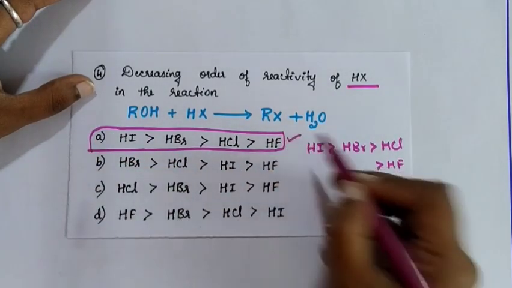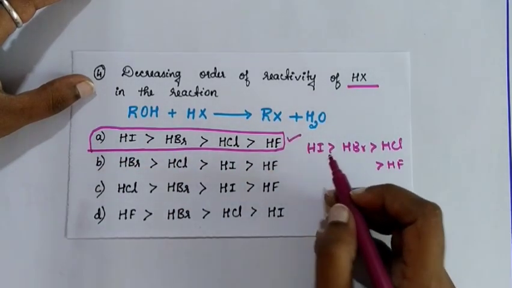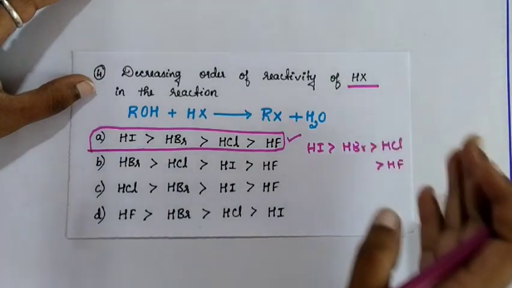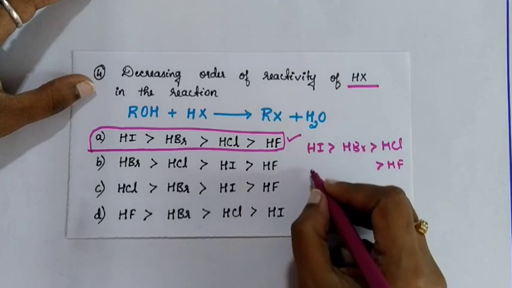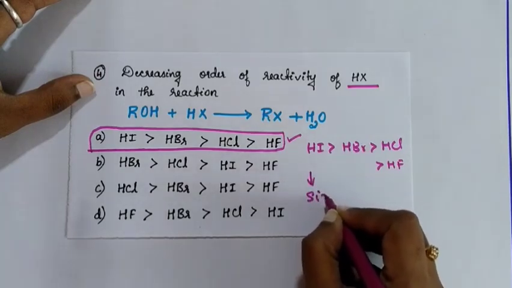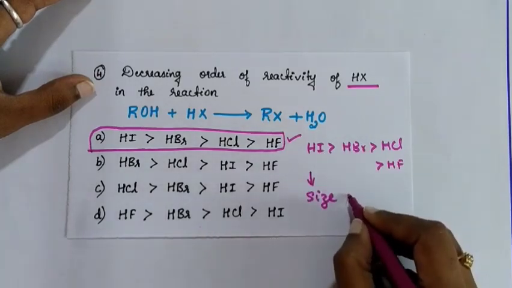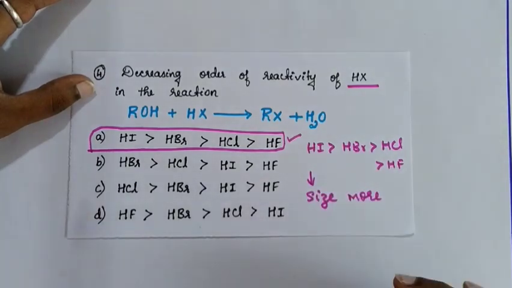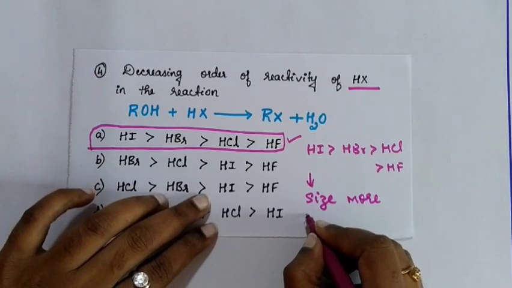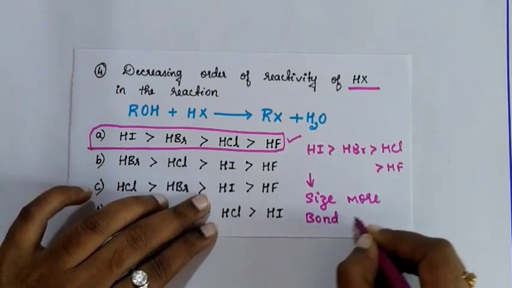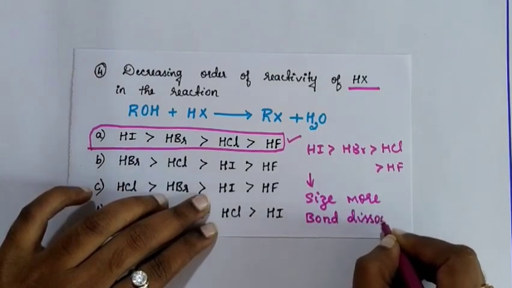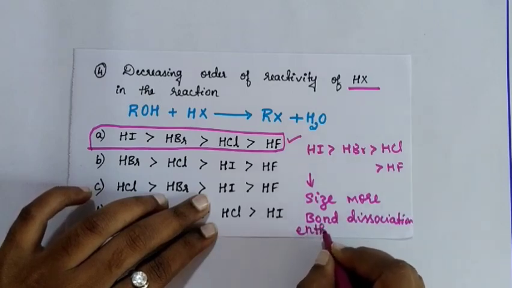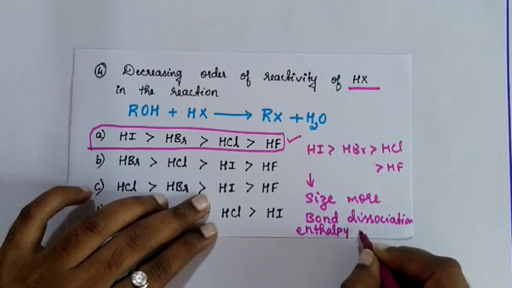Why do you think option A is correct? Why does hydrogen iodide react very conveniently or very fast compared to the remaining hydrogen halides? This is because the size of iodide is more. When the size of iodide is more, definitely the bond dissociation enthalpy will be less.